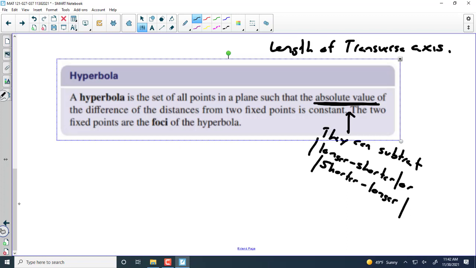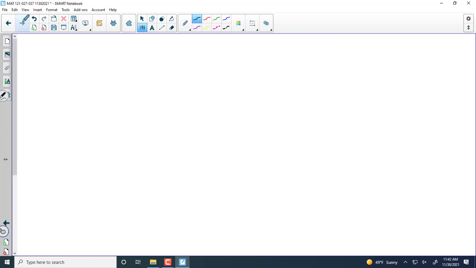So, we're going to use that on the next couple problems here. Let's see here. Do we want to do another one of those? Let's do another just find the foci one.